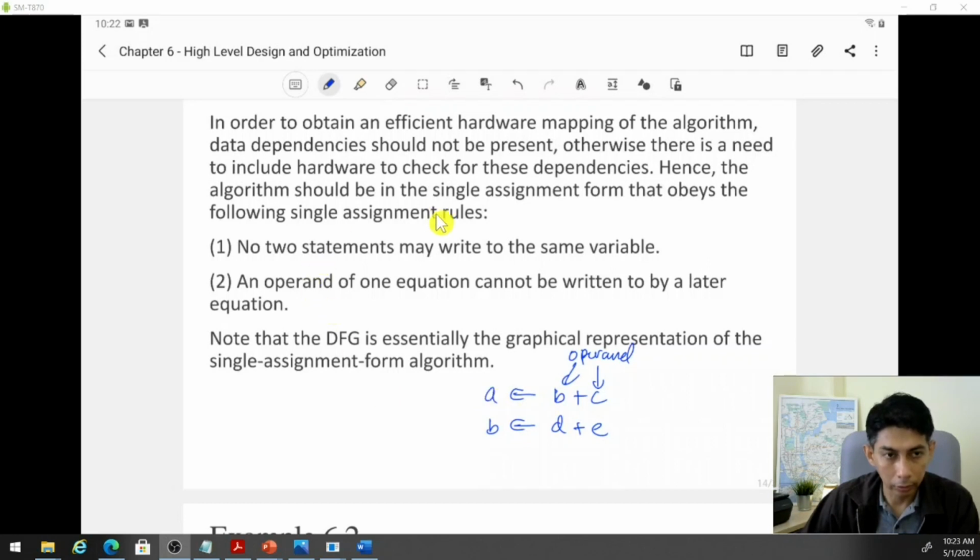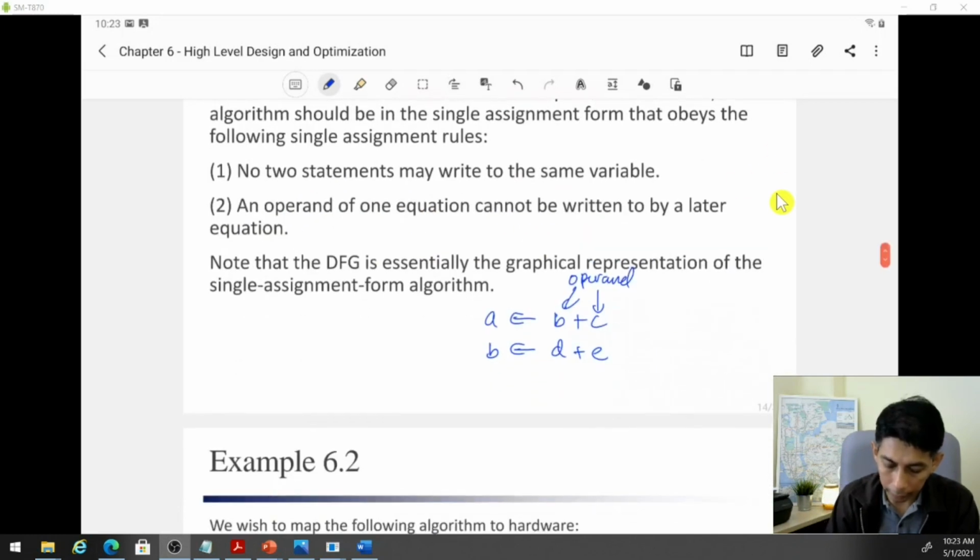So to avoid that, we need to make sure that the assignments we write obey these single assignment rules. So what is that? Number one, no two statements may write to the same variable. Means, for example, if you have one variable A, you cannot do this.